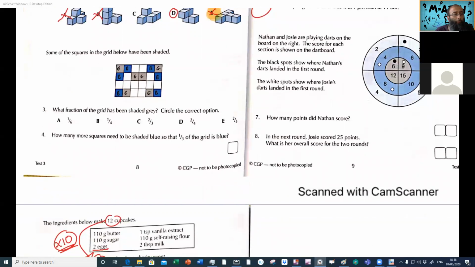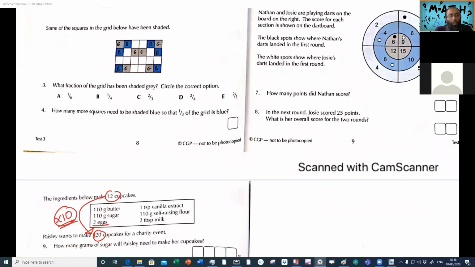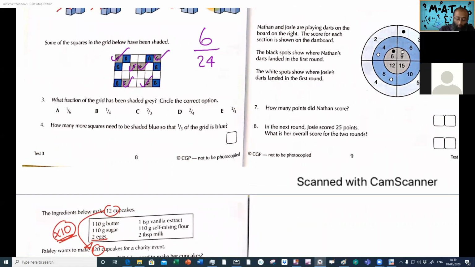Question number 3, what fraction of the grid has been shaded gray? First of all, there are 24 little squares. The gray ones, if you count them, 1, 2, 3, 4, 5, 6 out of 24. Now, if you look over here, you won't have 6 over 24. So we need to cancel it down in order to find an equivalent.